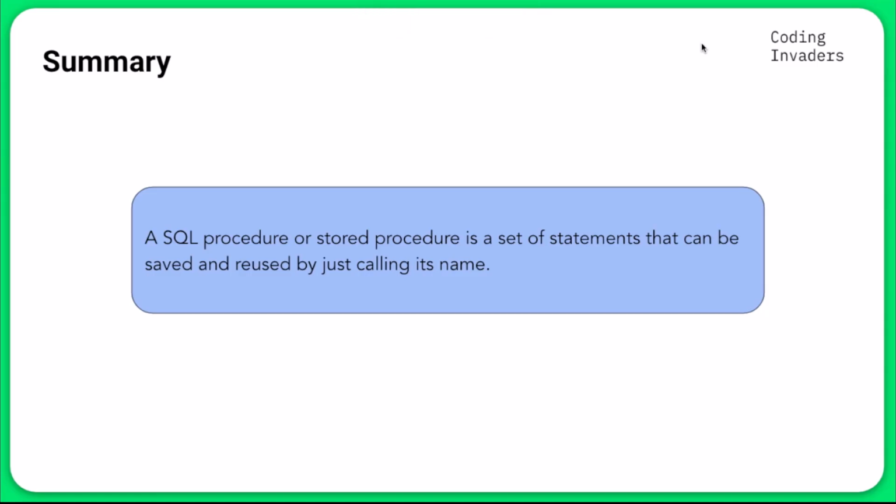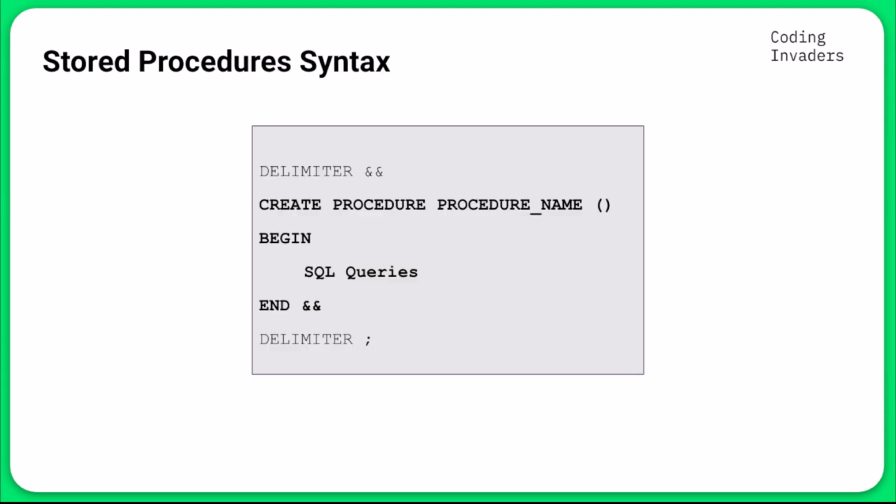Now let's summarize. A SQL procedure or stored procedure is a set of statements that can be saved and reused by just calling its name. Let's check the stored procedure syntax. As I told you, we have to start with the keyword delimiter, space and two AND symbols. Then to create a procedure, start with the create keyword, then the procedure keyword, and then give any name of your choice.